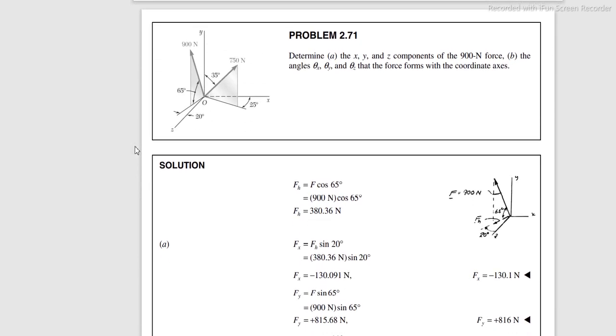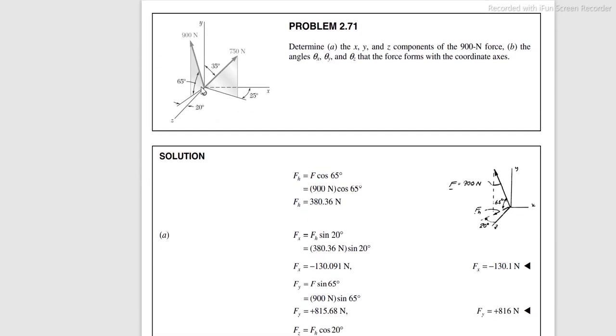Problem 2.71, it's different. Determine the x, y and z components of the 900 Newton force. The 900 Newton force is here, and angles theta x, theta y, and theta z, the force forms with the coordinate axes.